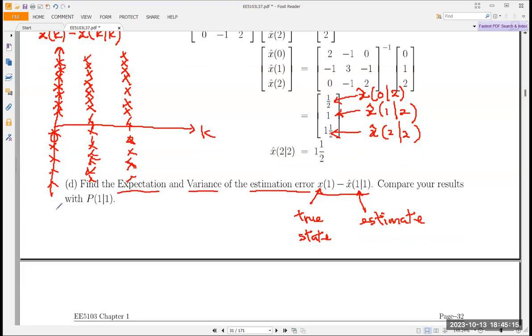Square all of them. So at 1 o'clock, I redraw again, since we are only interested at 1 o'clock. Because we square all these numbers, you won't have negative numbers anymore, all become positive. So this would be the square of x_k minus x hat k,k.